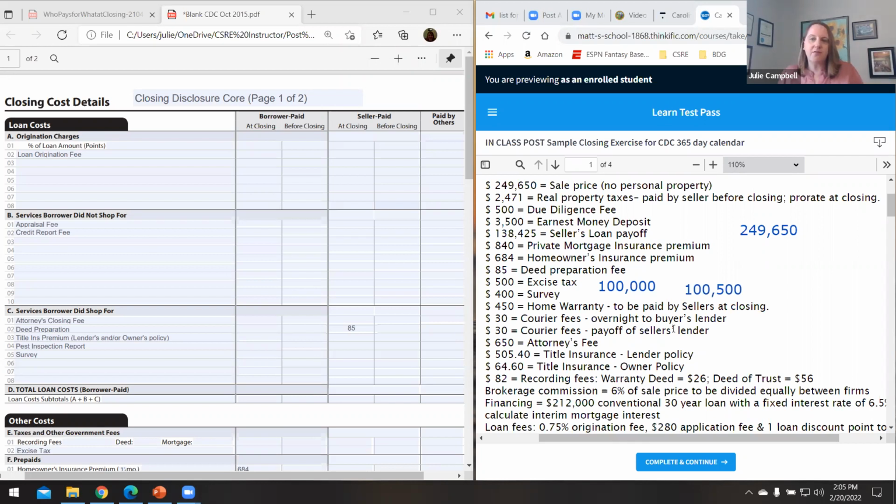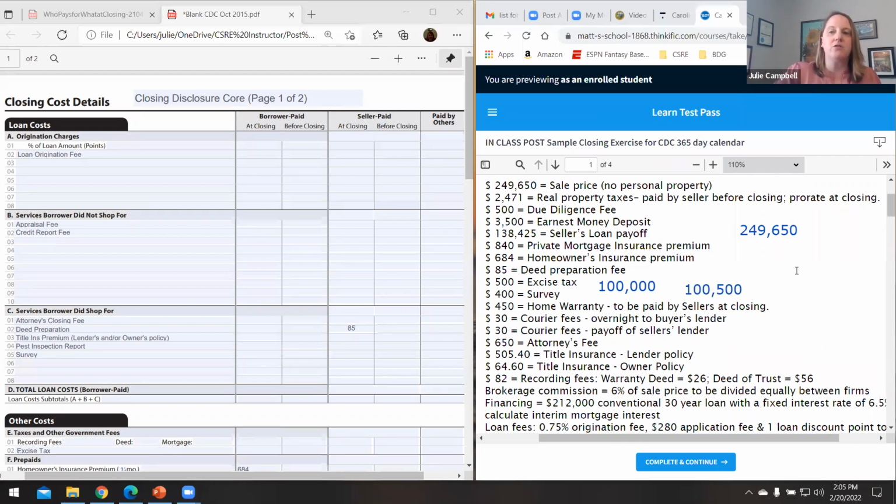So if it's not divisible by 500, then I have to make it divisible by 500. And to make it divisible by 500, we always round up to the nearest 500. Up. This is the government we're talking about here. So all those rules of rounding that you thought you knew go out the window. Always round up to the nearest 500.